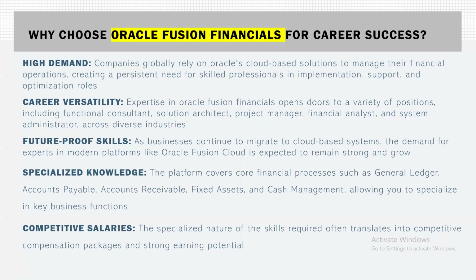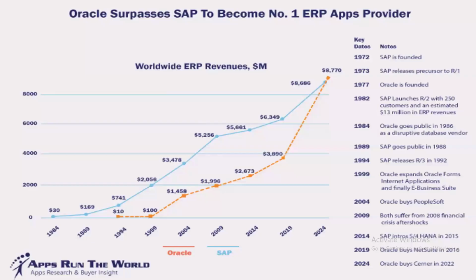That is why we say this is a future-proof skill. This is also how Oracle applications reached the number one position worldwide, from 1994 to 2024, holding the top position from 2023 onwards.